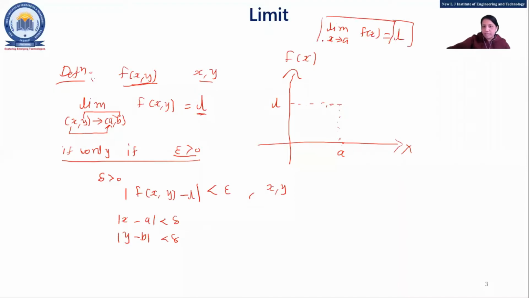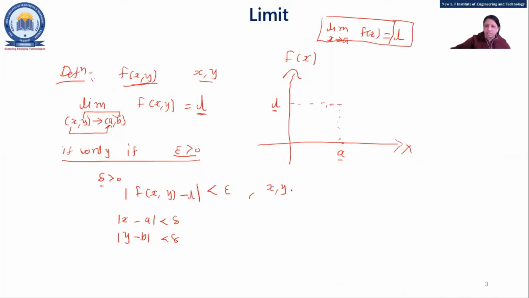So if one value is a on the x-axis, for that my limit is L. Now I will have a delta which is greater than 0. Then that will be considered, for x minus a less than delta. To go to this point, maybe you know the concept of left hand limit or right hand limit.